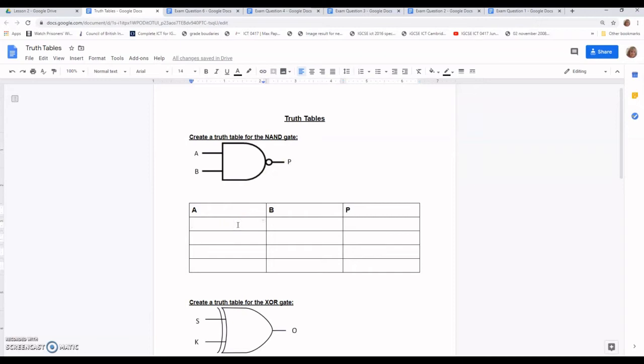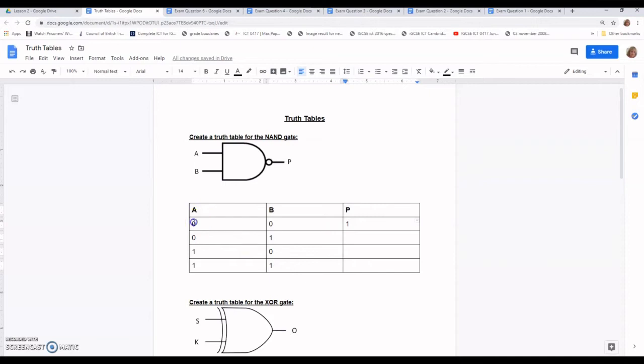Please start logically by filling in 0, 0, and then 0, 1, and then 1, 0. Then obviously what's left is 1, 1. And remember, because it's got a NOT in it, the output's going to be the opposite, so this would be 1. Obviously pause the video now and please complete the task.